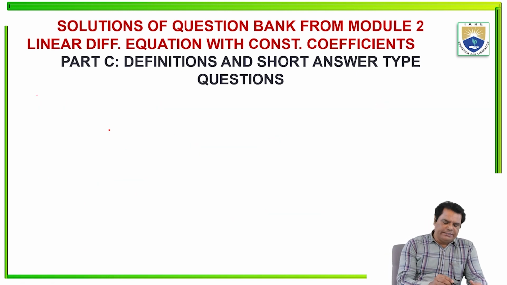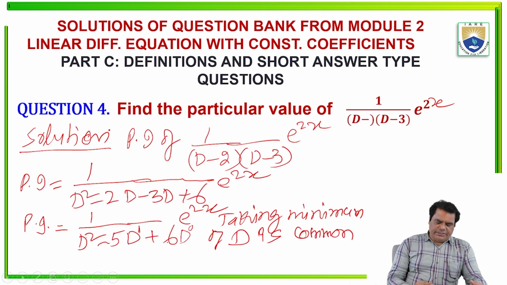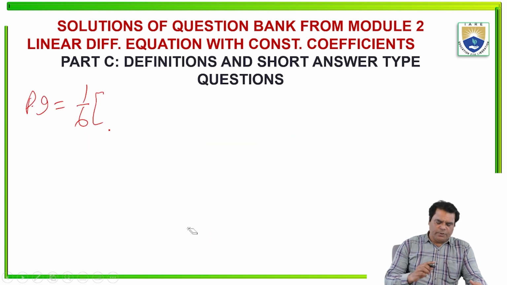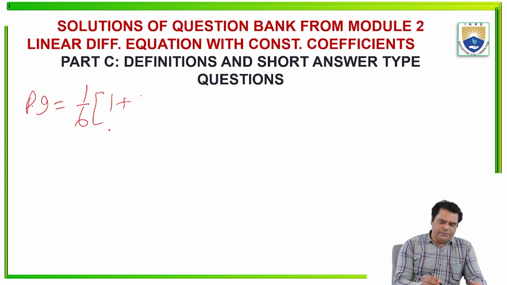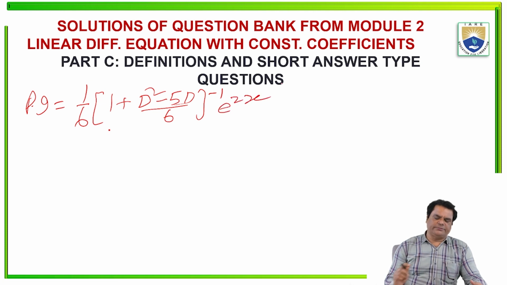So now PI is equal to 1 upon 6, and in the bracket, 1 plus D square minus 5D upon 6, whole to the power minus 1, and e to the power 2x.